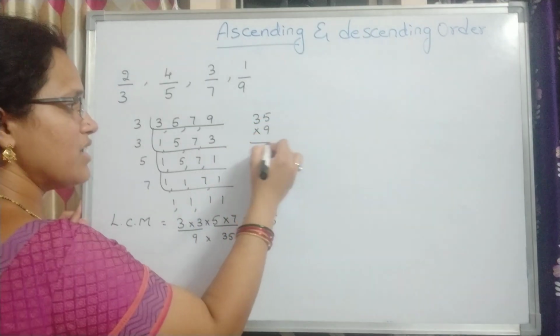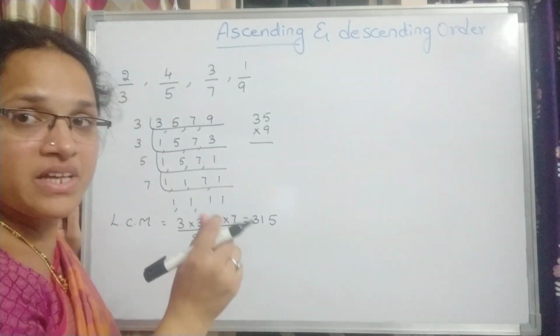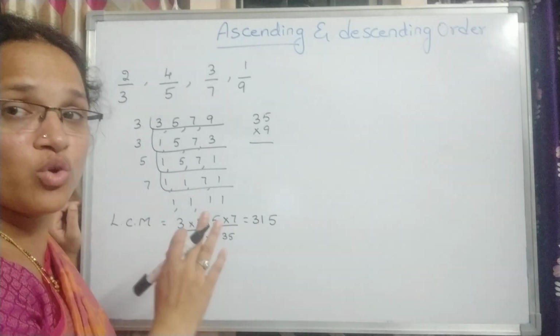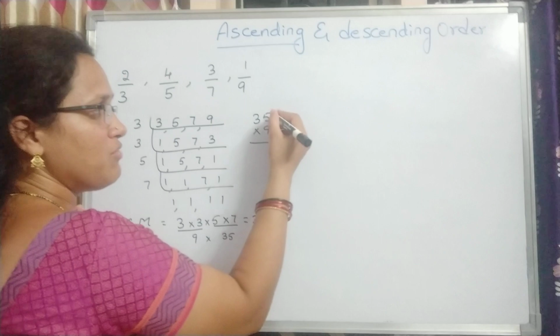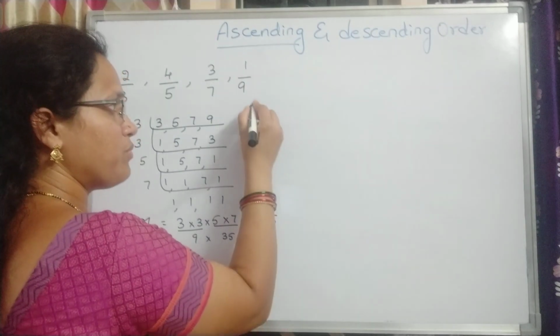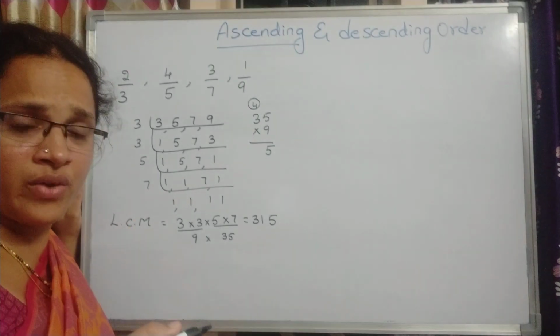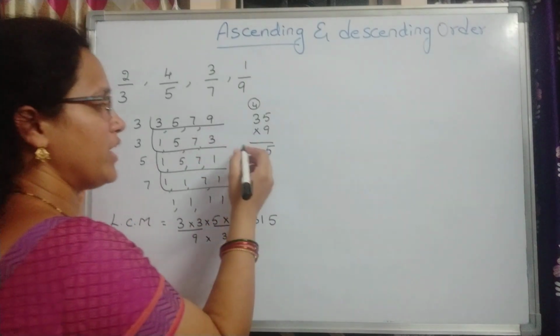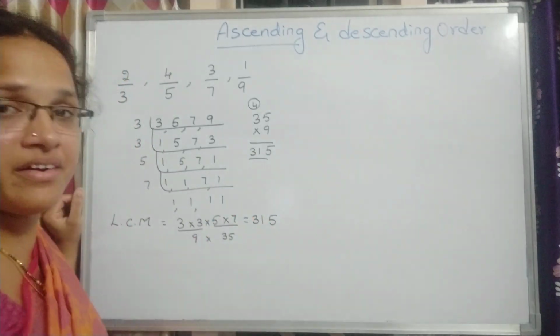I usually tell you to multiply two numbers with a pencil, so that you don't confuse yourself and make an error here. So 3 times 9 is 27, 27 plus 4, it becomes 31. See, is my answer right? Yes. So the LCM is 315.